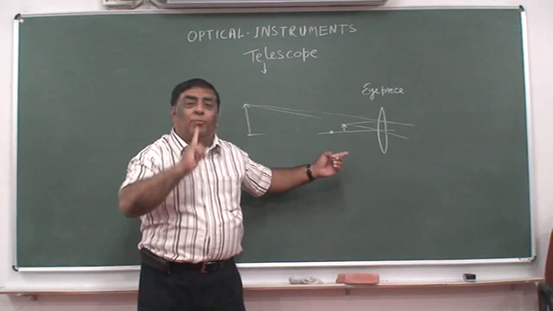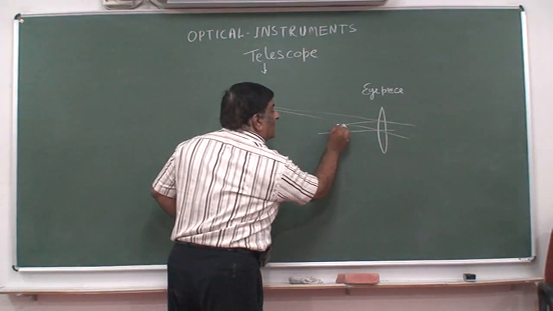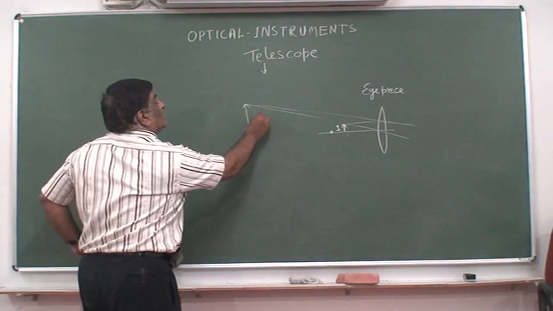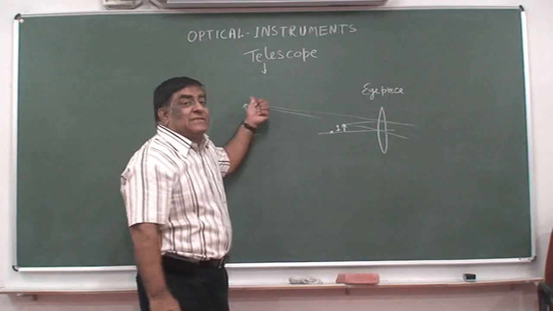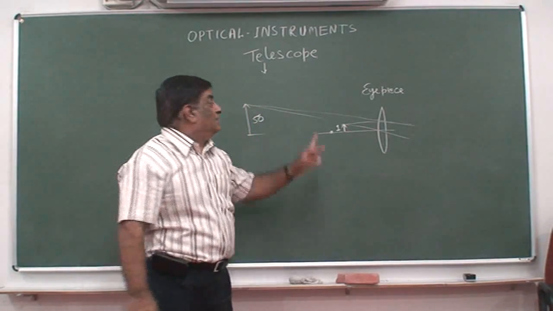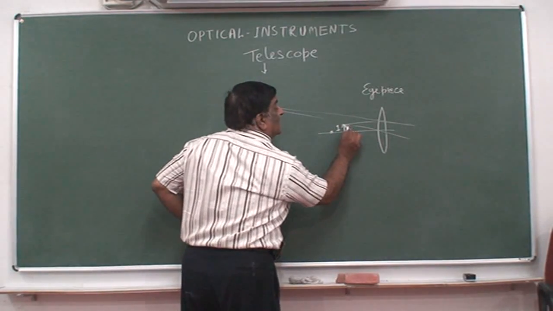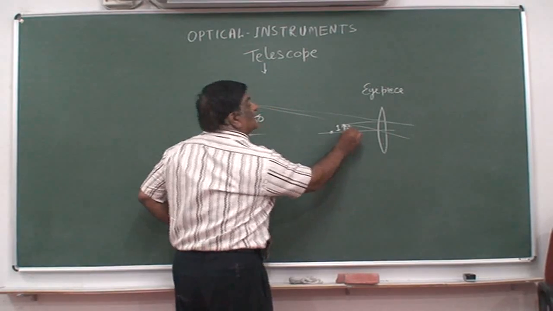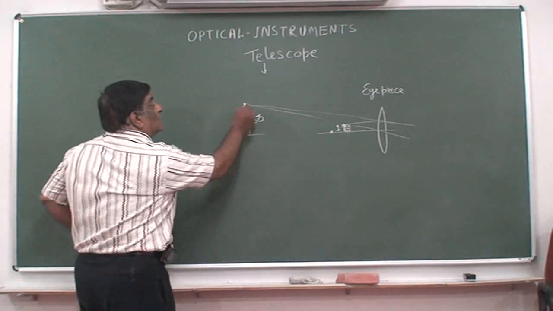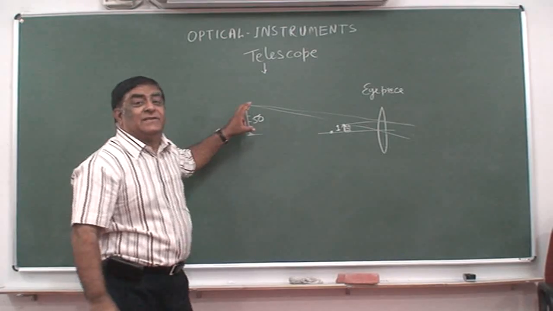Now there is one problem. If this size is 1 and this size is 50, then we find that the brightness of this image has reduced 50 times. If this was having 50 rays in 1 centimeter, the same 50 rays are here, but those 50 rays are in 50 centimeters, 1 ray every centimeter.